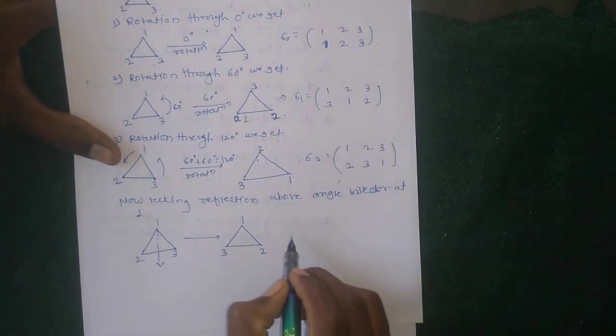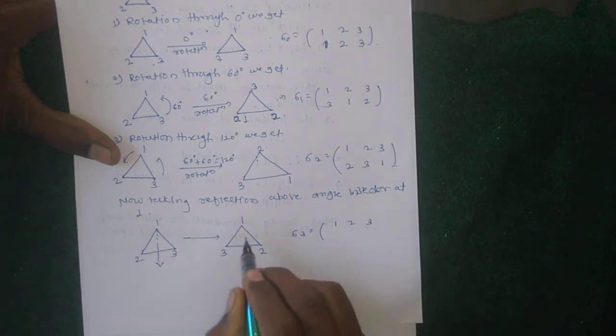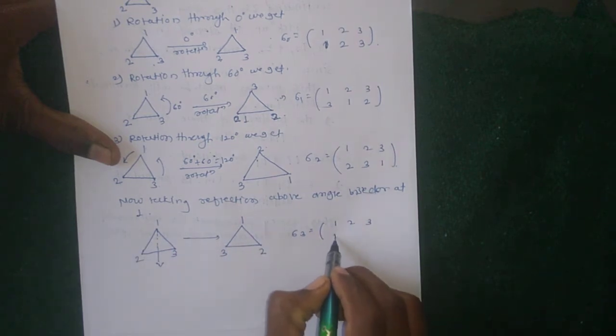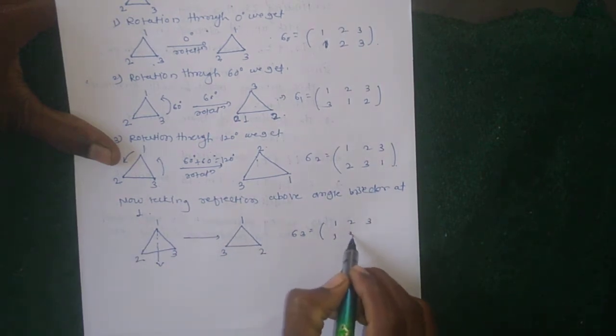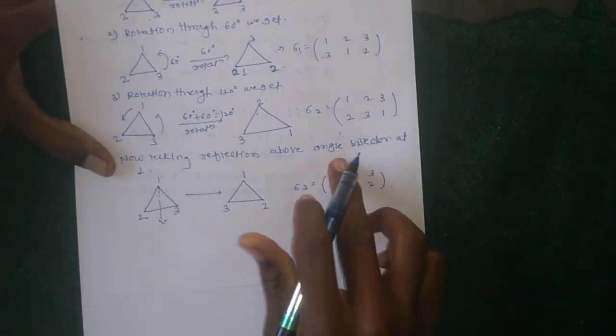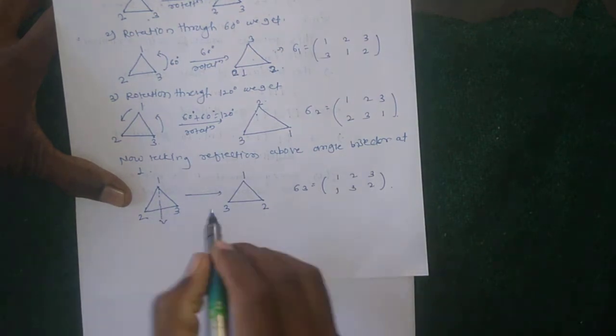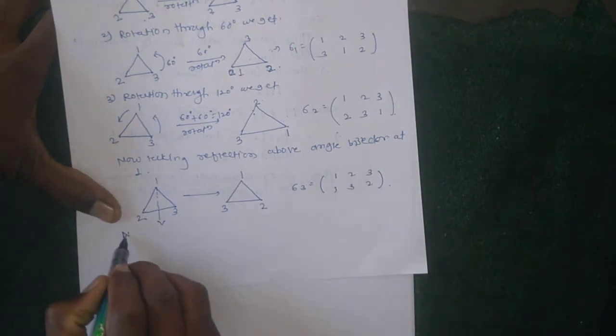This is sigma 3. Sigma 3 is 1 2 3, where 1 has value 1, 2 has value 3, and 3 has value 2.